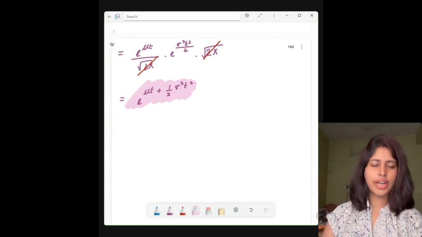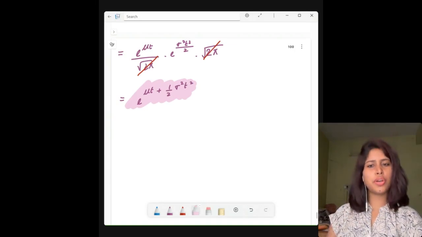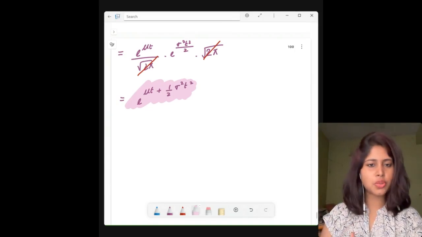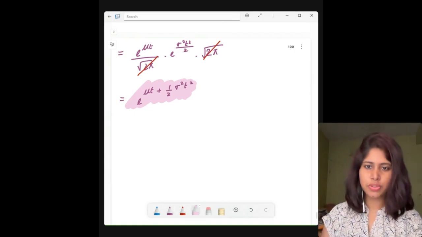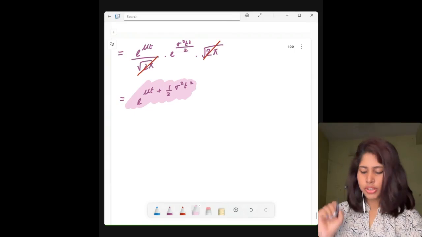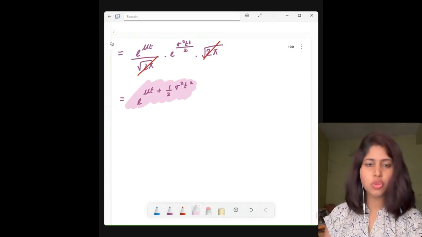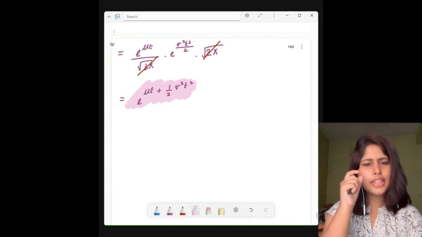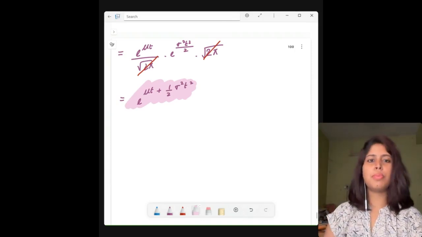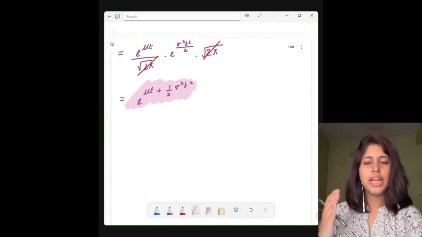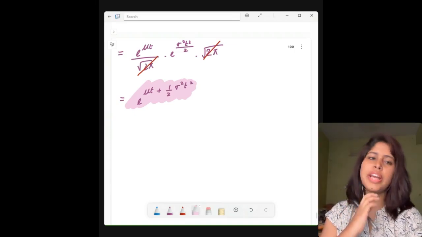Now we are going to derive the mean from it. How are we going to derive the mean? We are going to differentiate it once, and then we will set t to be 0. Now this is a power of the exponent, like e to the power something, right? And there is a very specific formula for how to differentiate e to the power f of t.